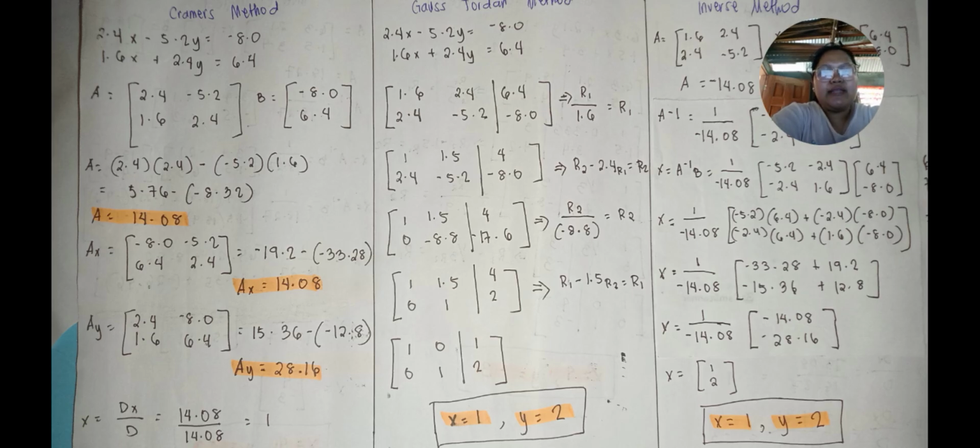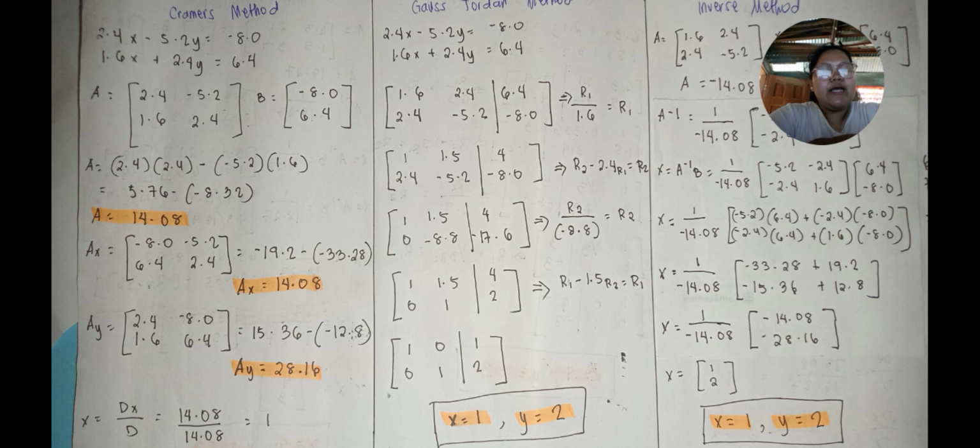We are going to replace column 1 with the B and copy the A on column 2 in getting the determinant x. Cross multiply. Our determinant x is equal to 14.08.